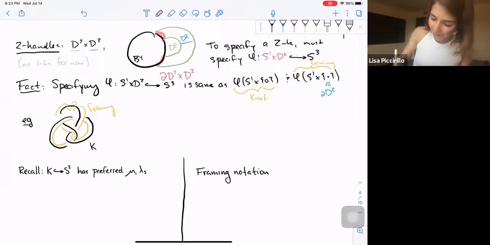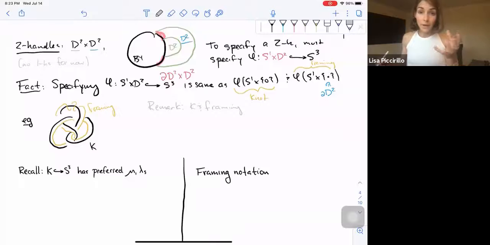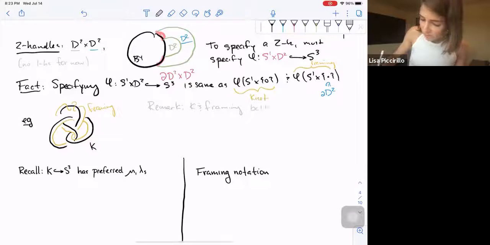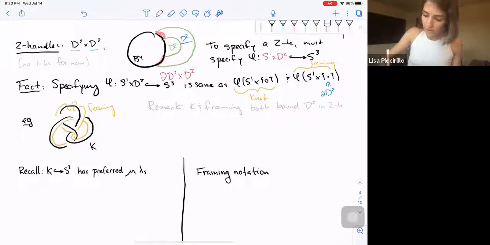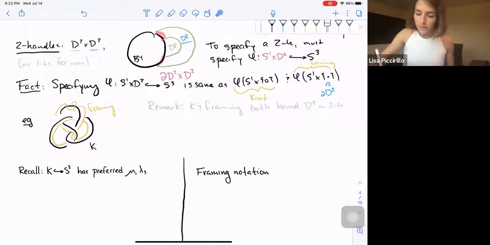What I really want to make as a remark is that these two curves, K and the framing, have this really special property in the manifold we built, the ball union the two-handle, which is that they both bound disks. And where does this live? They live in the two-handle. Okay, and why is that? Well, where did we get this solid torus, which we're mapping into S3? We got it from being the feet of this two-handle.